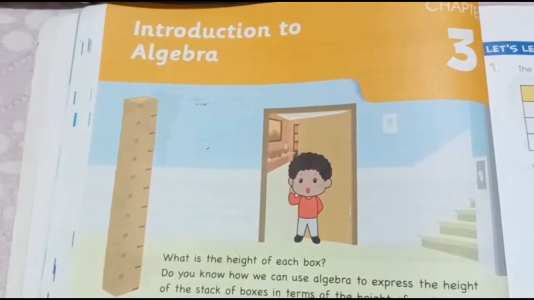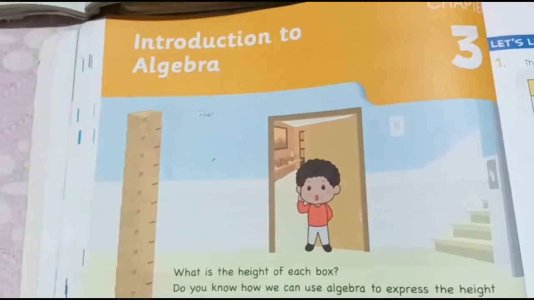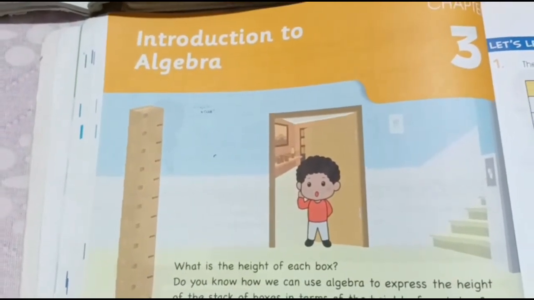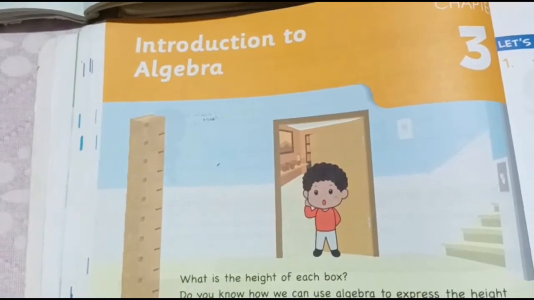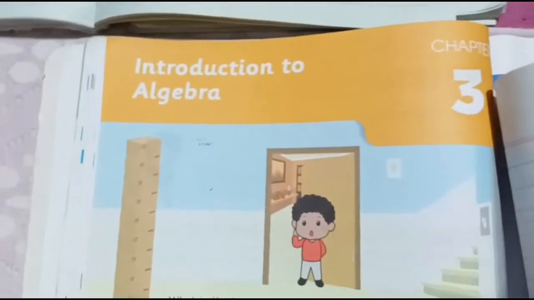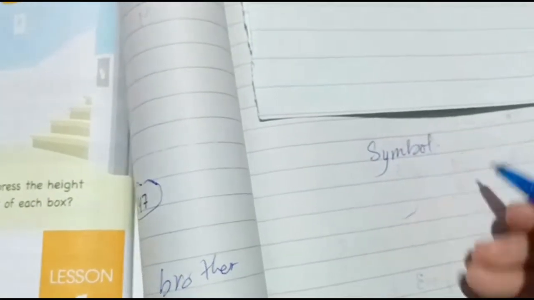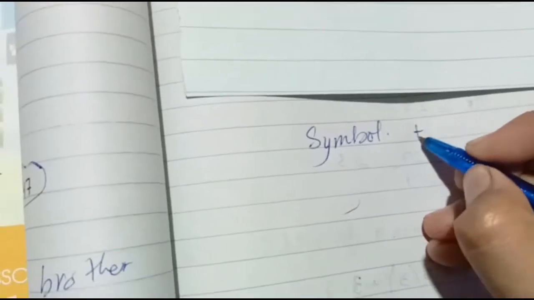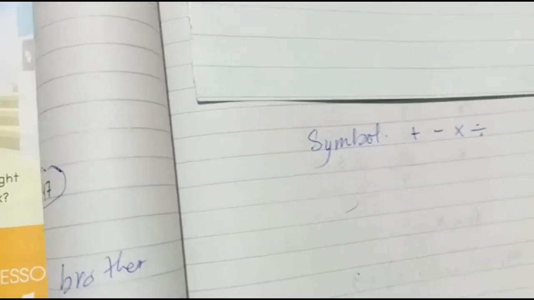Today we are going to start chapter number 3, Introduction to Algebra. Before we start the chapter, let's study what algebra is and look at some expressions. Algebra is the study of mathematics that includes symbols, which are plus, minus, multiplication or division, and variables.